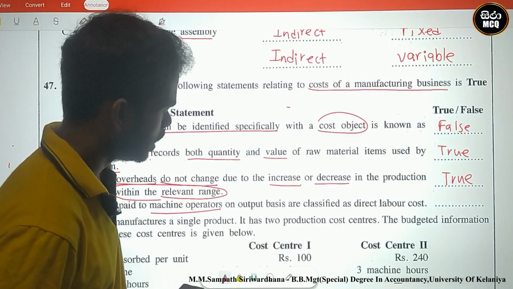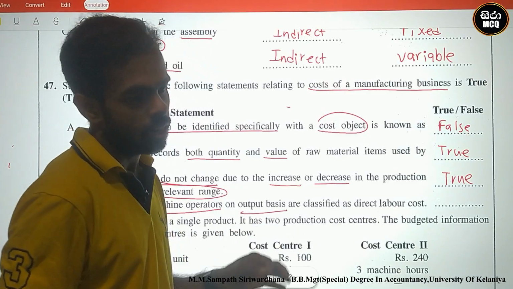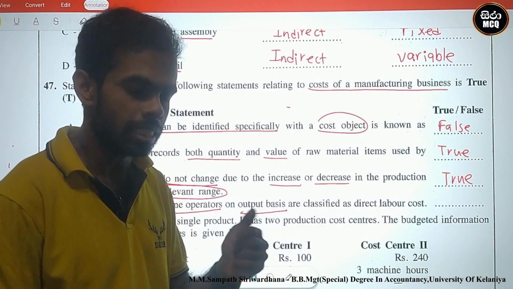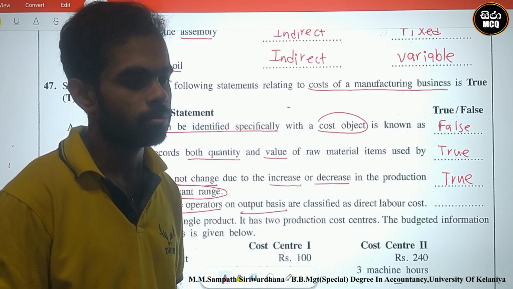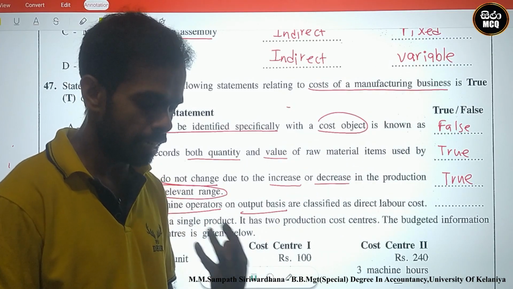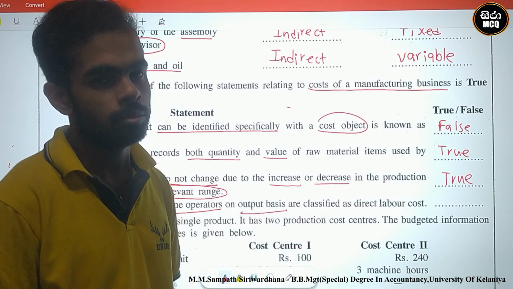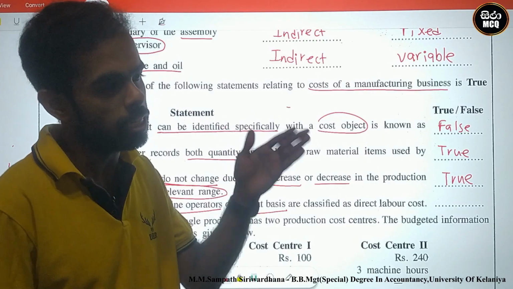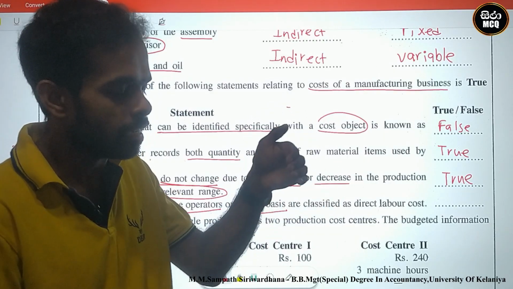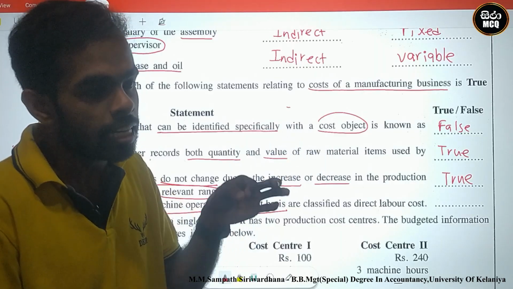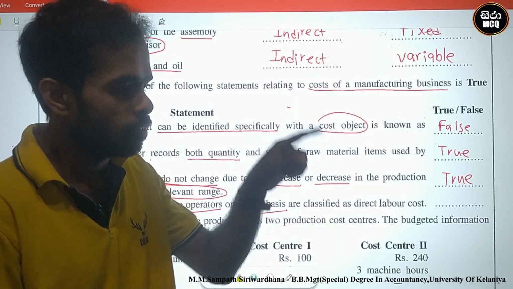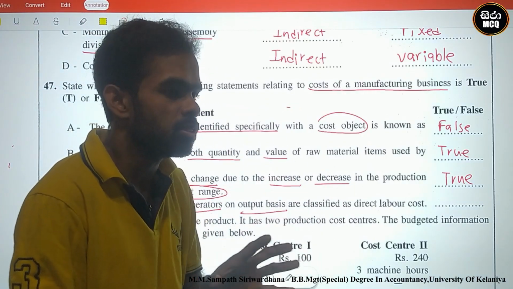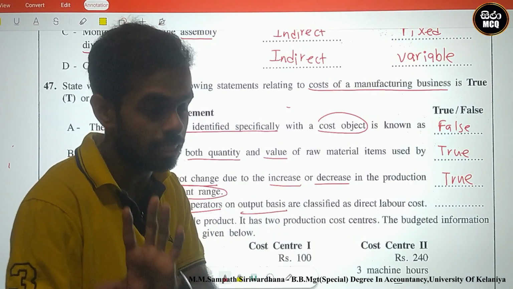Wages paid for machine operators on an output basis means he gets a salary based on the number of units he produces. As the number of units increases, 1, 2, 3, 4, the salary increases.